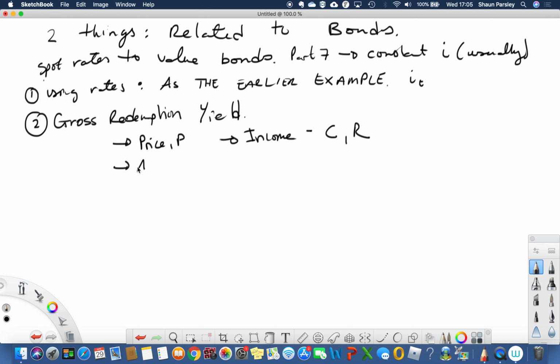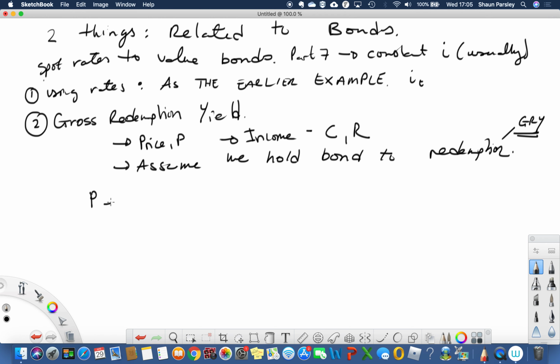Now, we assume we hold the bond to redemption. That's where your GRY comes in, gross redemption yield. So let's form an equation. P equals, and we'll use the 3-year gilt again, if you remember.